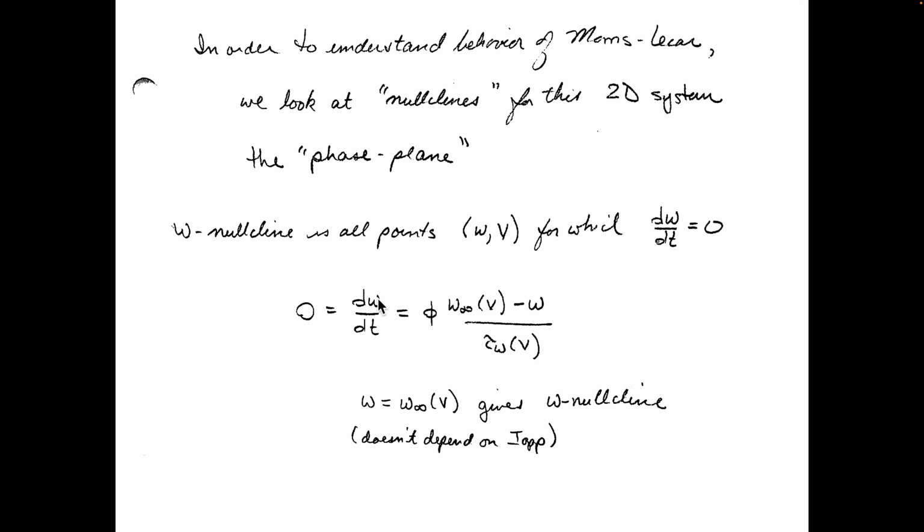So when W is at steady state, it will be equal to this steady state activation function for the potassium current. Basically, one of the nullclines is simply a graph of the activation function for the potassium current. I also want you to notice that this nullcline doesn't depend on the applied current.